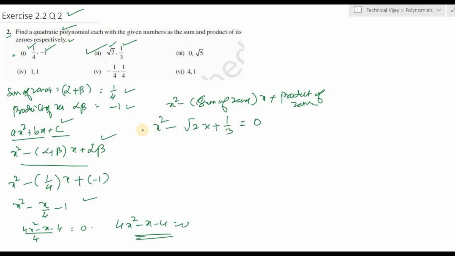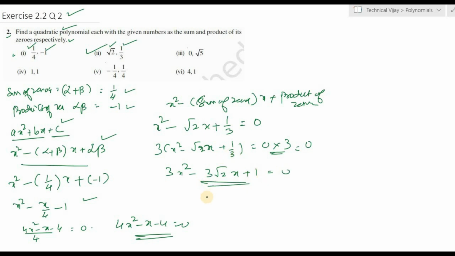We can multiply this whole equation by 3, so 3 into x square minus root 2x plus 1 by 3 is equal to 0, and 0 multiplied by 3 is still 0. So 3x square minus 3 root 2x plus 1, since 1 by 3 into 3 means 1, is equal to 0. This is the quadratic polynomial.